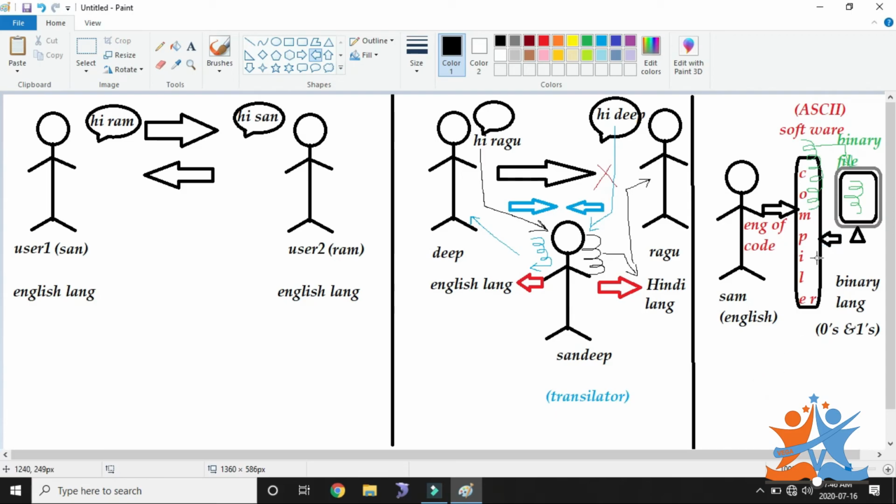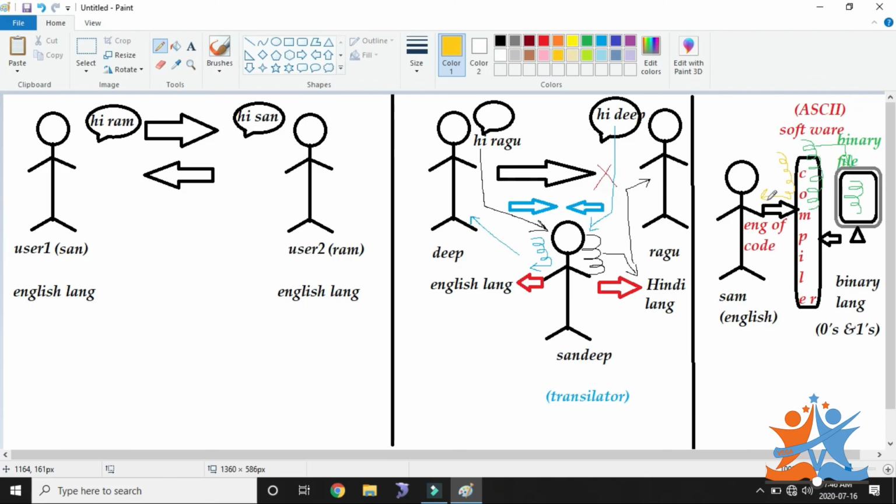This compiler will take that binary output and do some internal processing, converting it to human understandable language, which is nothing but English format. This is the way the compiler software is used.